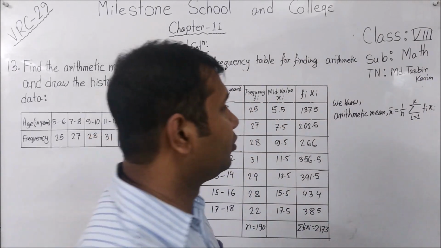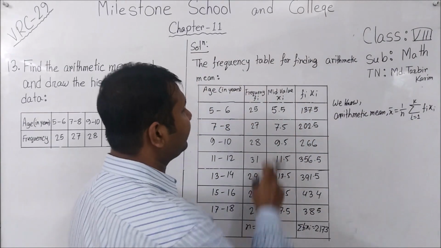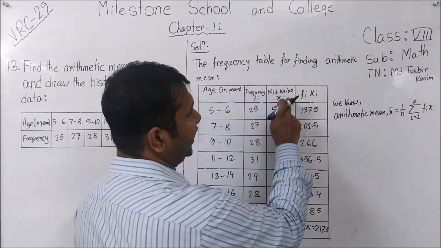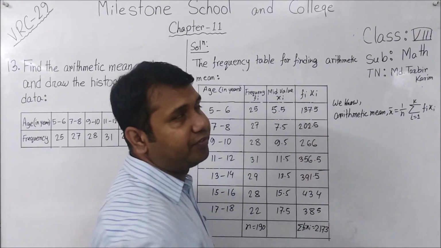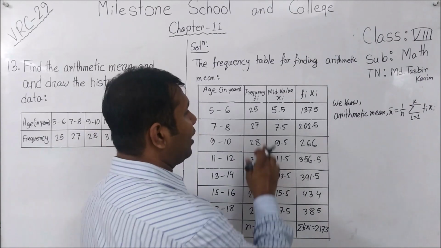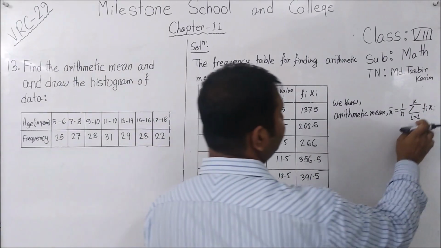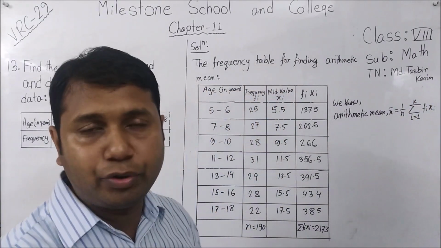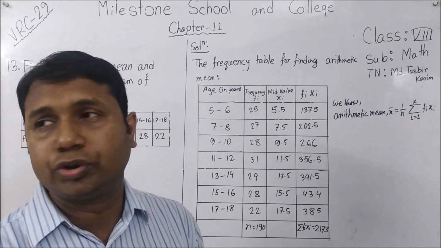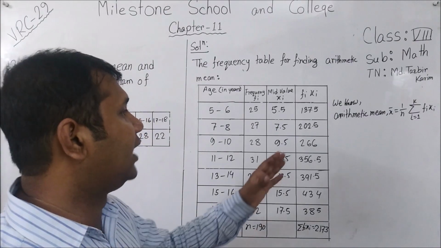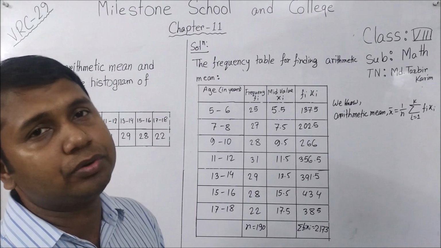This i, we are going to label i equal to 1, 2, 3, 4, 5, 6. i equal to 1 means f1 equal to 25, x1 means 5.5, f1 x1 means 137.5. So i means here for individual number. Okay, so we are using 1 to unknown number k. We don't know how many numbers will be in a different table. That's why we use just unknown number i, and that i equal to 1 to k.